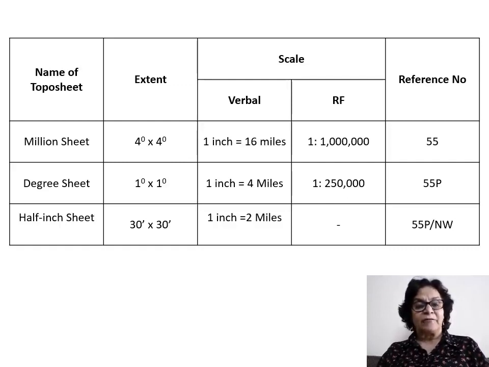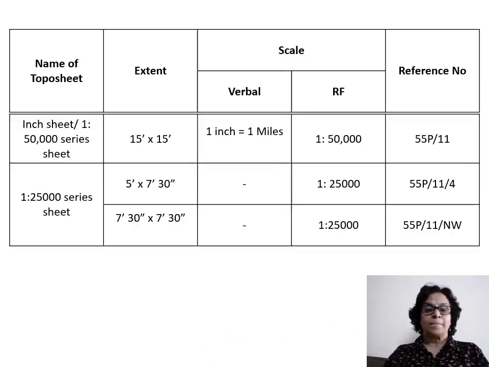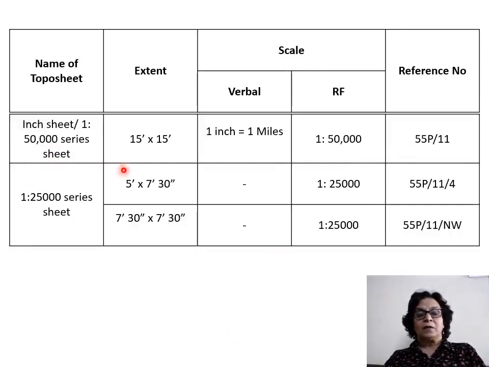Then we have the half-inch sheet, where the degree sheet is divided into only two parts, so the scale is 1 inch is to 2 miles, and here the direction is taken, for example 55P/NW. Now the 1-inch maps are obtained when the degree sheet is divided into 16 parts, as we have seen earlier. So each has an extent of 15 minutes by 15 minutes.